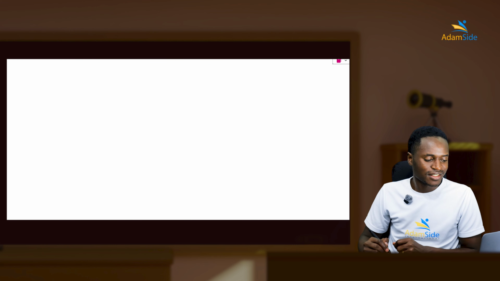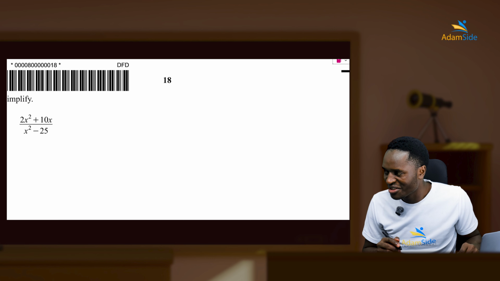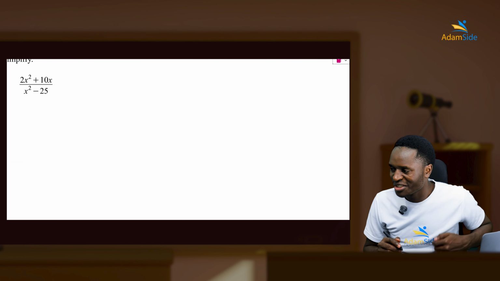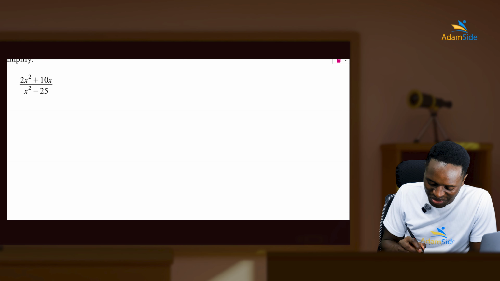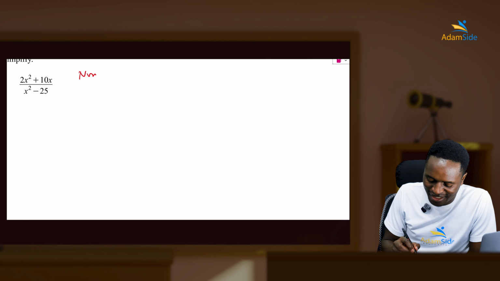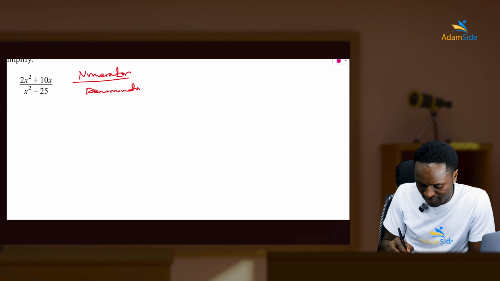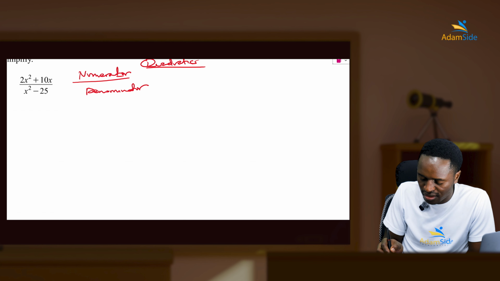Wow, that's fine. The next question, the last question of this unit, the very last question. This is very simple. You say 2x squared plus 10x, factorize both numerator and denominator. Remember, this comes from understanding the laws of quadratics.